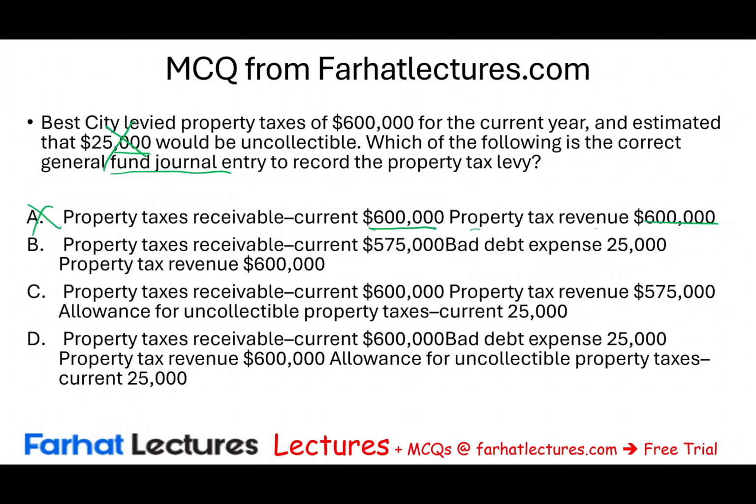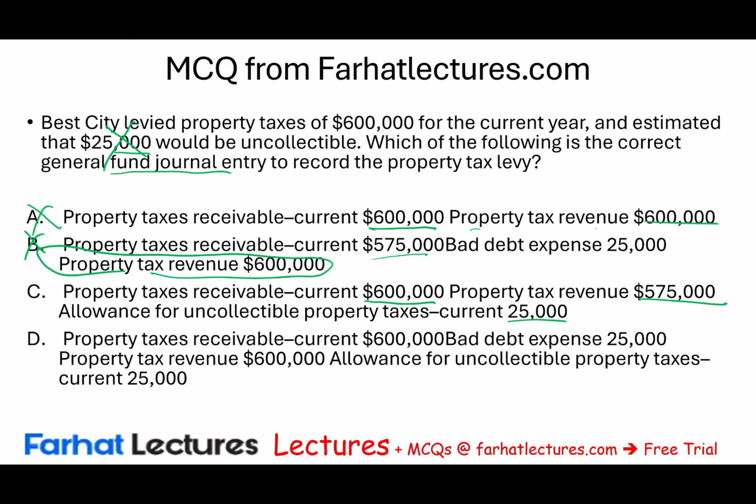Property tax receivable current 575. Bad debt expense? No. And property revenue 600,000? No, the property revenue is not 600,000. We're not going to get 600,000. B is out because the property tax revenue is not 600,000. Property tax receivable current 600,000? Yes. Property tax revenue 575? So far I like it. Allowance for uncollectible 25?